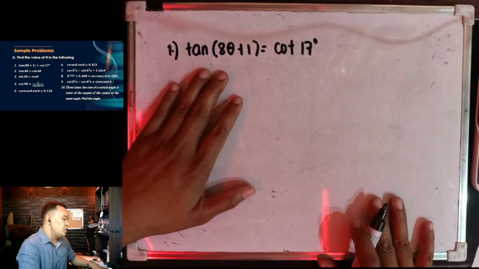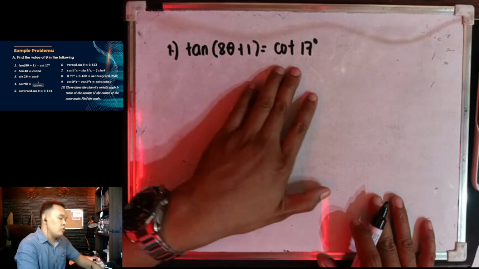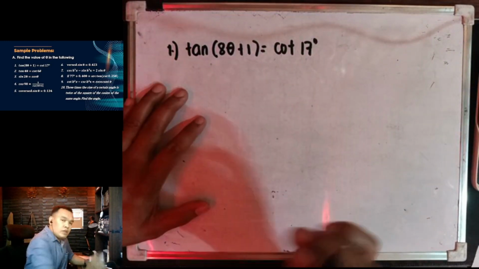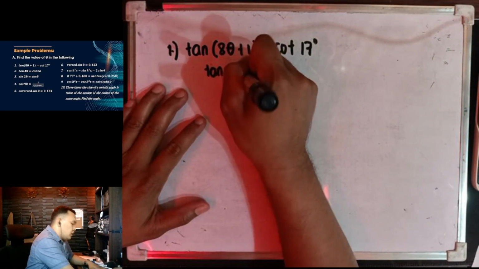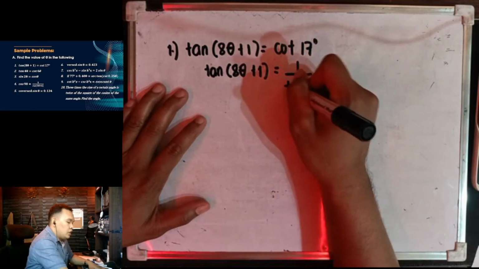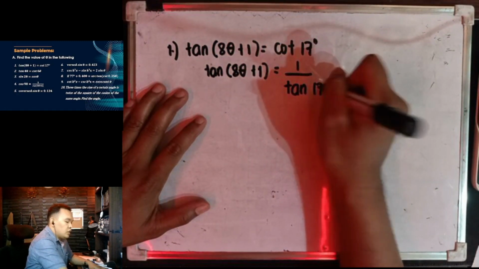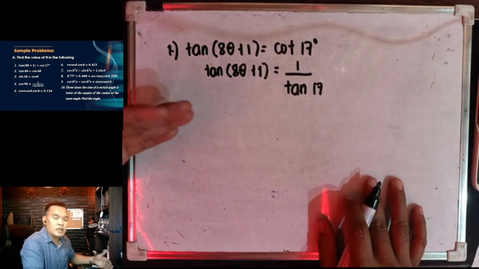Tangent 8 theta plus 1 is equivalent kay cotangent, and we all know that cotangent is 1 over tangent. So, we could say that tangent 8 theta plus 1 is equivalent kay 1 over tangent 17. Then, the tangent here, ilipat natin sa kabila, magiging arc tangent.